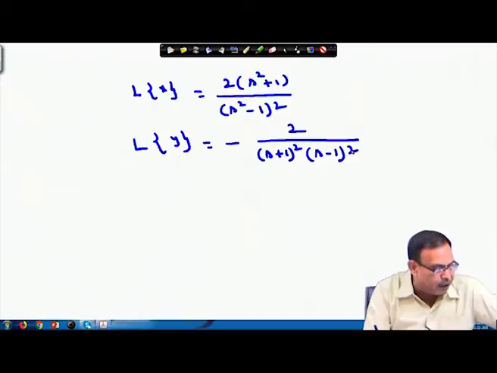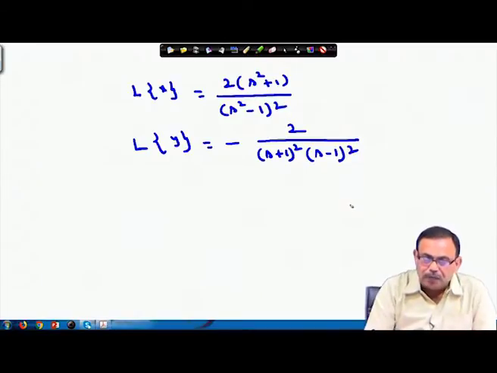This I am not explaining because we have already done this. So, once I am getting Laplace transform of x in terms of s, Laplace transform of y in terms of s, then I can find out the values of x and y using the inverse Laplace transform.